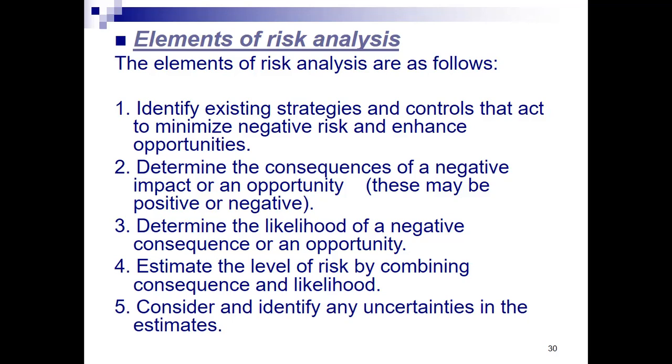It could be positive or negative. And number one, we have to identify the existing strategies and controls that act to result to the consequences in number two. Number three is determine the likelihood. So what percentage? Number four, estimate the level of risk by combining the consequence, number two, and the likelihood. And consider and identify any uncertainties in the estimates that will have impact to our analysis.